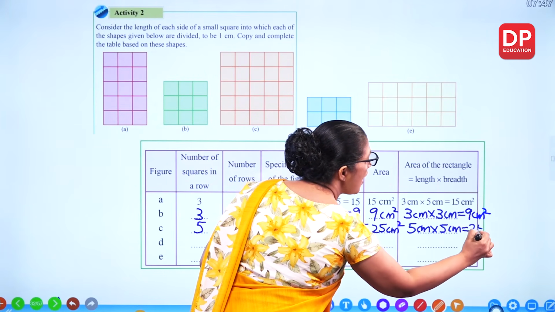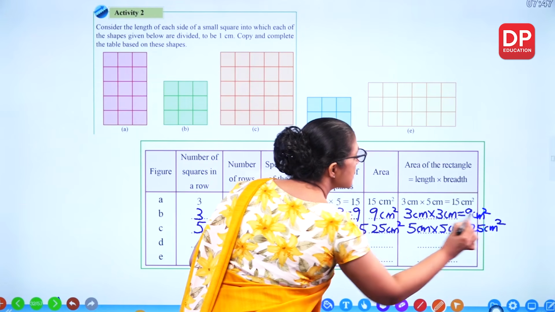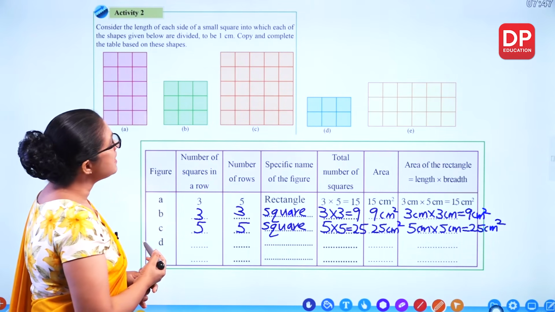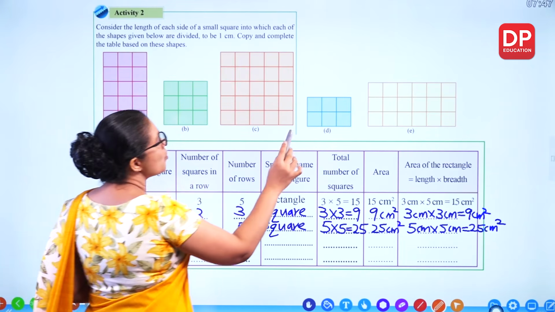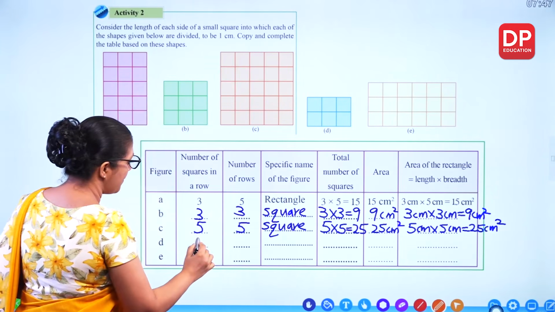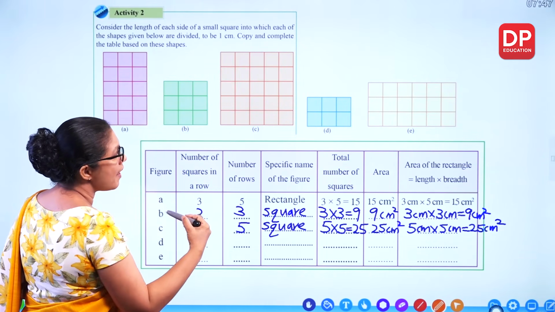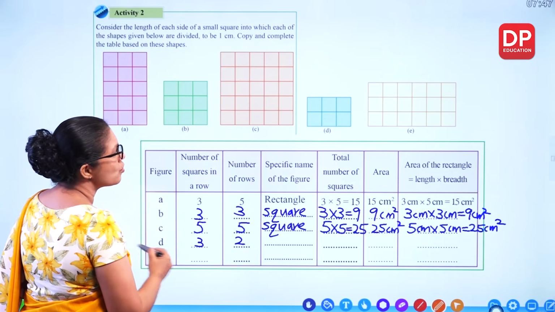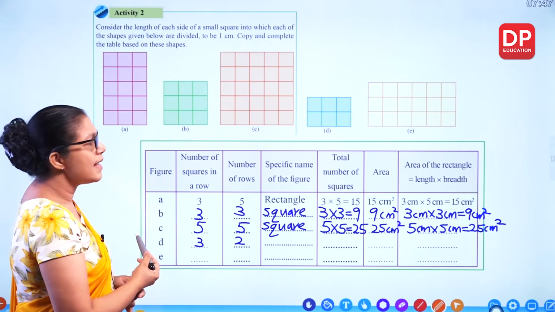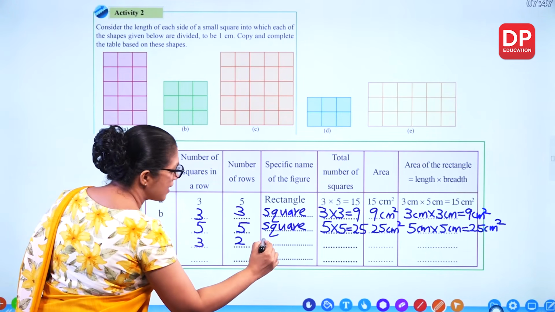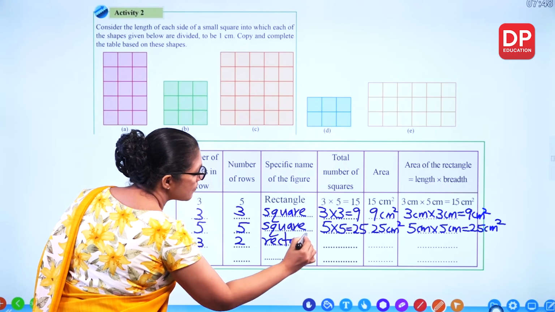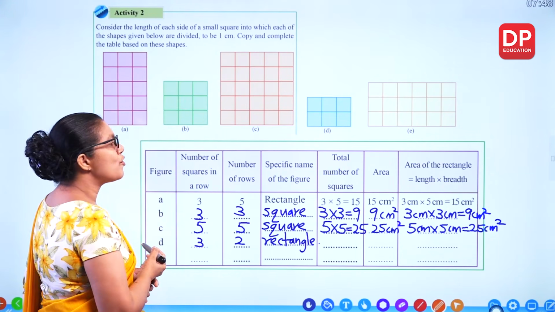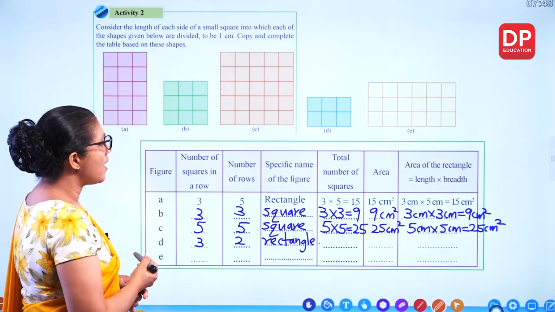That's 25 square centimeters. D. So how many squares in a row? 3. How many rows are there? 2. So 3 and 2, different lengths. That's a rectangle. So how will you find out the total number of squares?